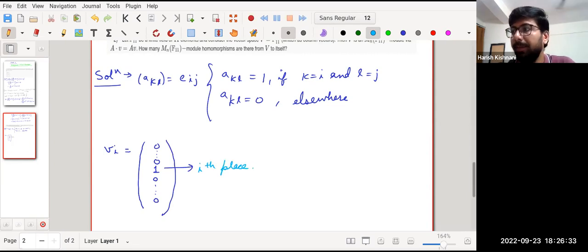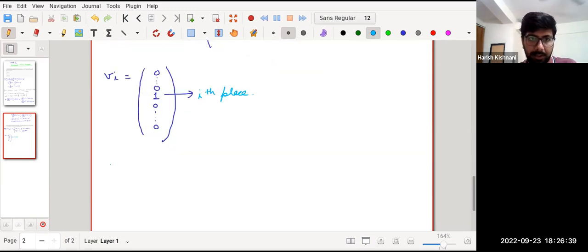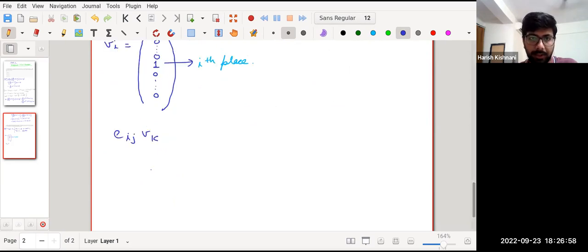So after multiplication, what you get if you multiply, just a second, say Eij with v of k, what will you get?